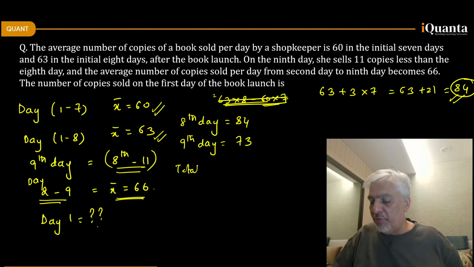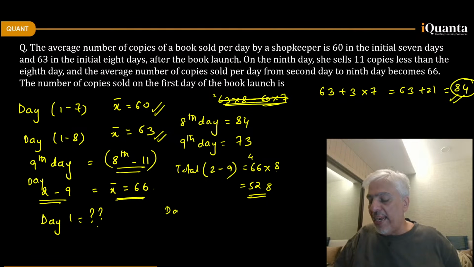So the total of 2 to 9 is 66 into 8 days. 8 6s are 48, 4 carry, 48 plus 4, 52, 528.